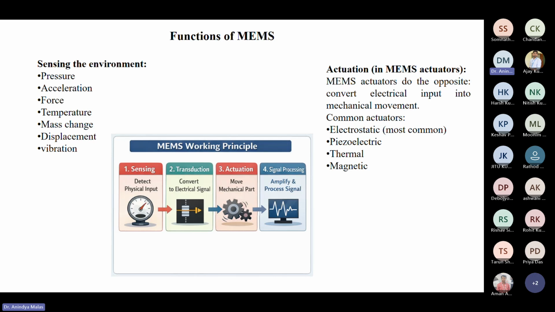If you connect the capacitor to a mechanical system so that when its displacement changes, the capacitance changes, this change is sensed and we measure the displacement of the mechanical system.